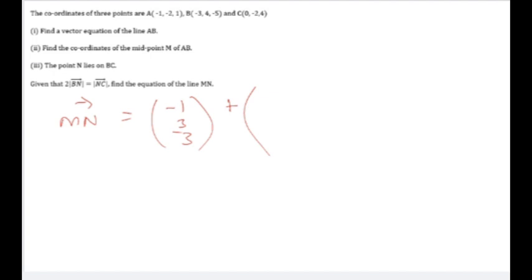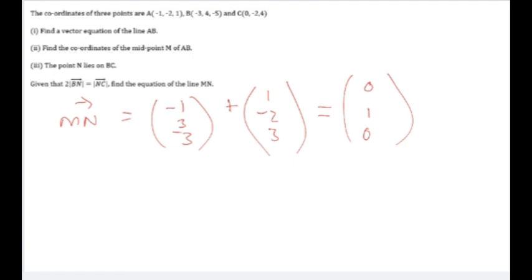So 1/3 of 3, minus 6, 9 is going to be 1, minus 2, and 3. You can work that out, and that is going to give us 0, 1, 0, right? So this gives you the general direction MN.